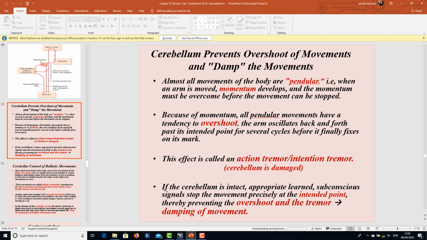There is no overshooting of the movements. If the cerebellum is intact, appropriate learned subconscious signals stop the movement precisely at the intended point, thereby preventing the overshoot and the tremor. So the damping of movement is occurring.